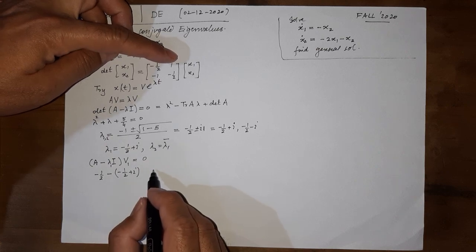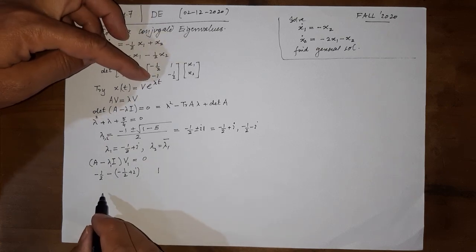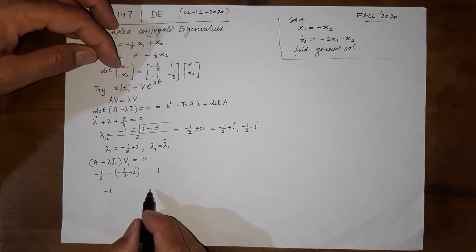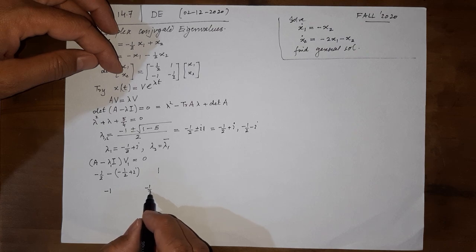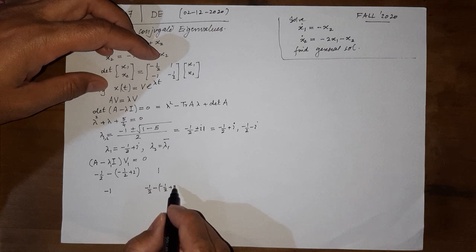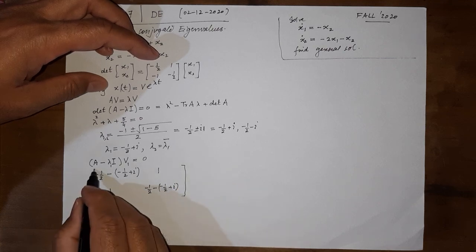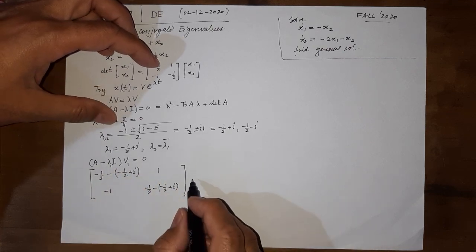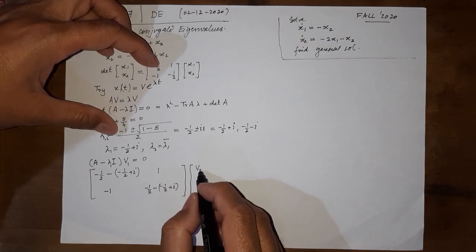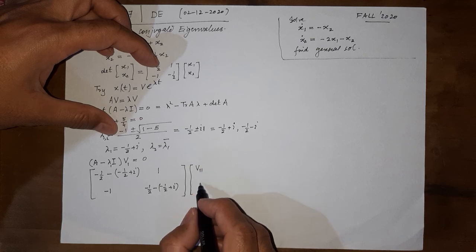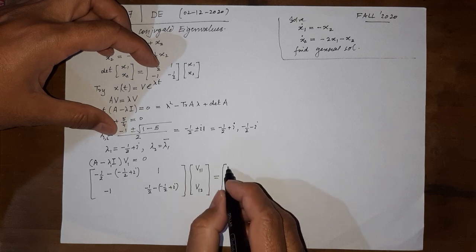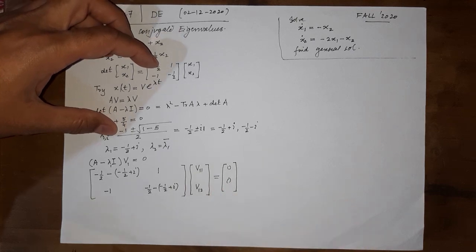Minus half minus minus half plus iota, then 1, minus 1, and the last element minus half minus minus half plus iota. So this would be a matrix, this whole thing, into this v1 1 and v1 2 equal to this vector 0.